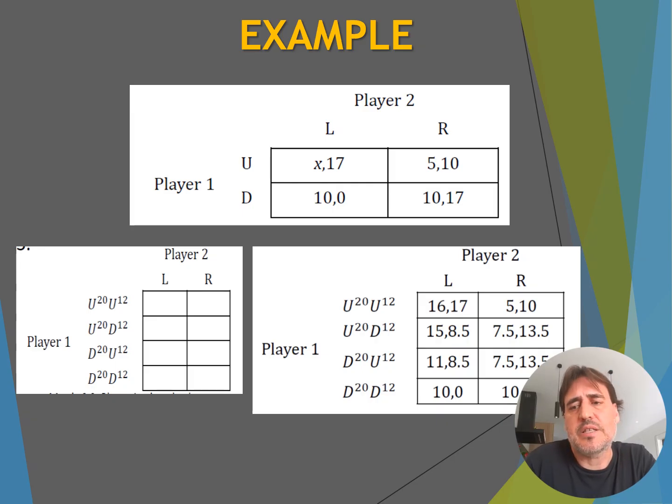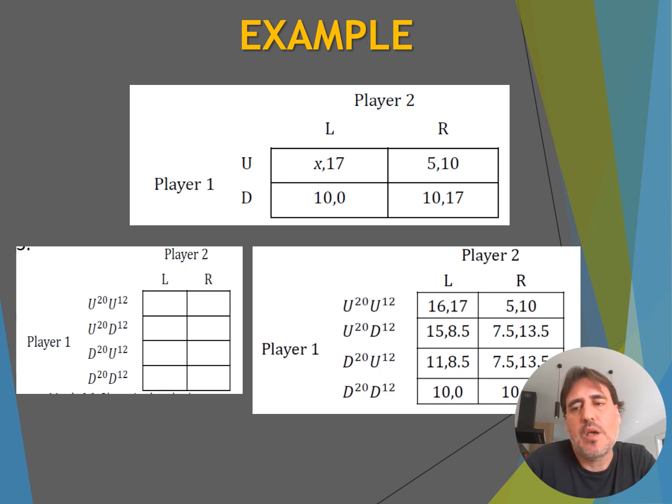And then the expected utility in each cell is calculated for the player facing uncertainty, player 2 in this example. The other approach, easier, is to directly calculate the expected utility for both players in each cell, which in this example yields the following matrix of expected payoffs.